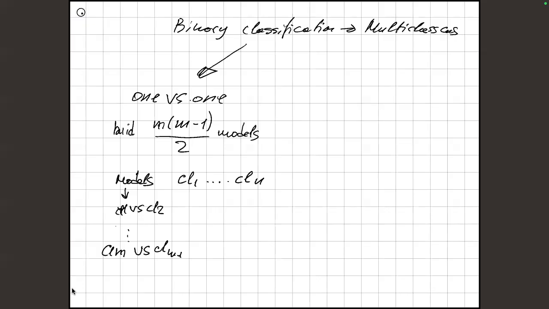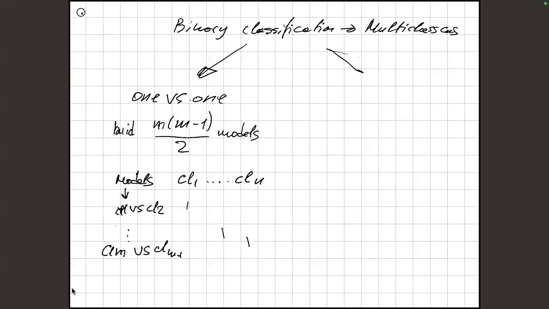Then for a given sample, you execute this many models and record the votes. So this model said this, and then you decide the class by the majority vote.